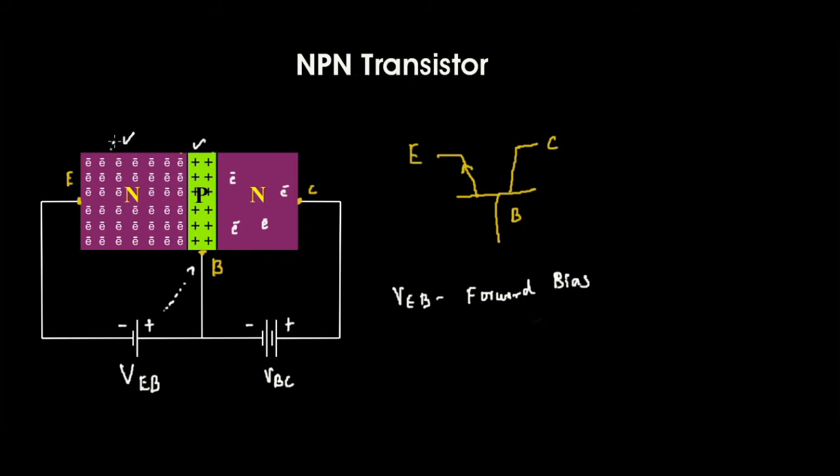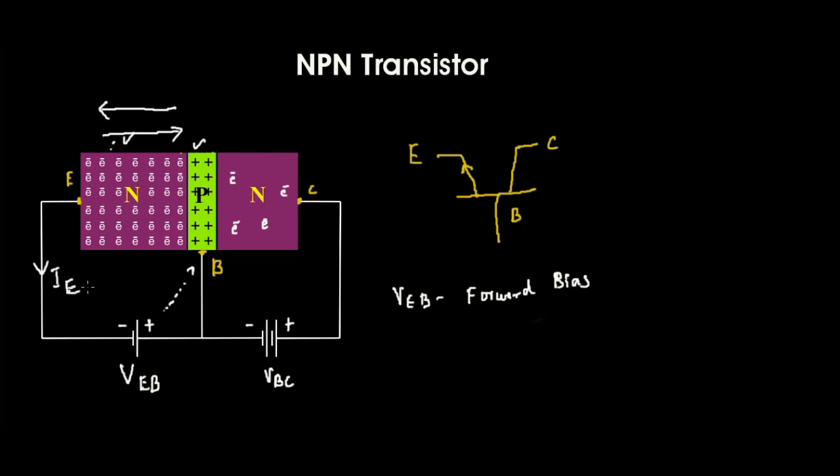So these electrons will now be attracted towards this direction, and because of the negative potential here, the current will be flowing in this direction. That current will be IE, current from the emitter, IE. I'll just rewrite this, please wait.